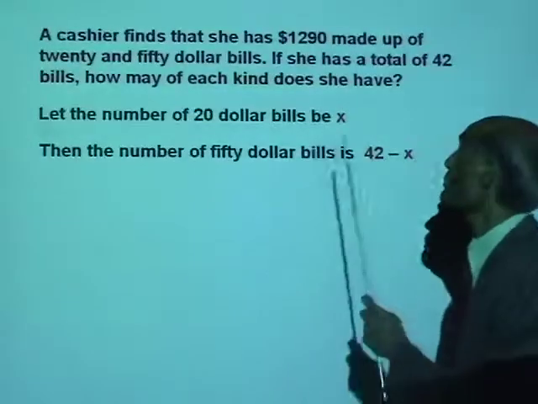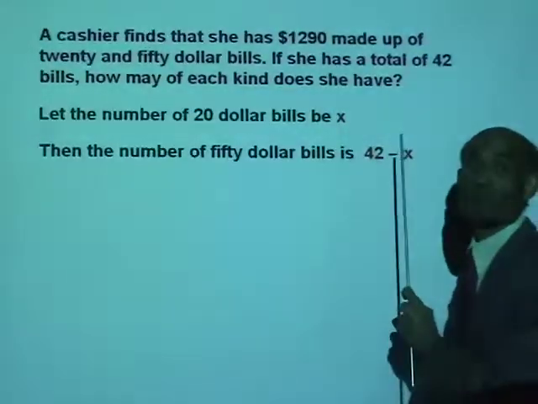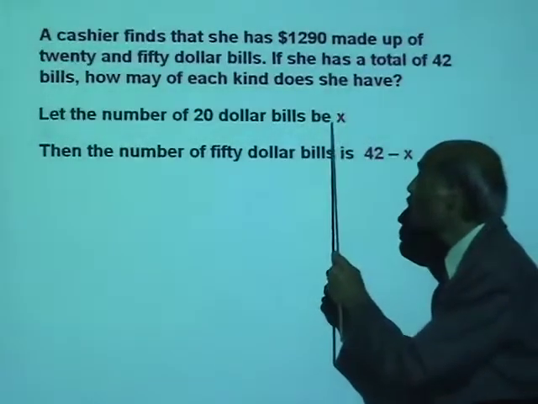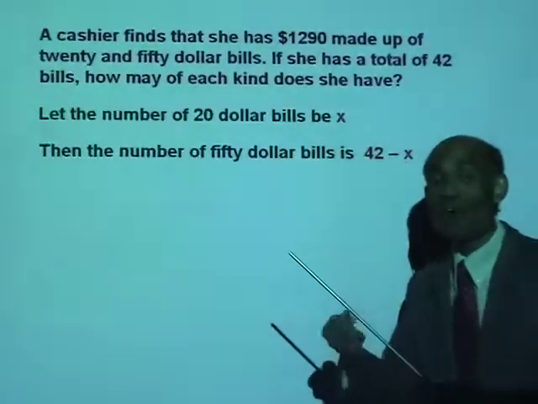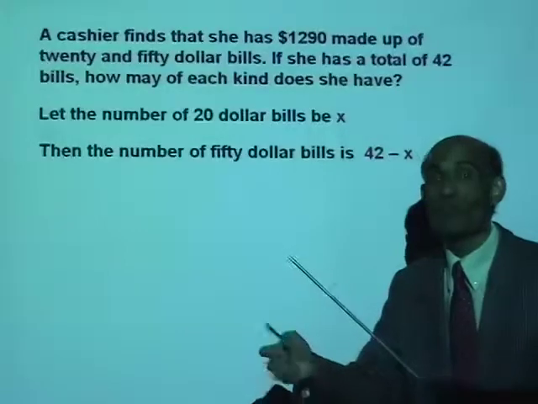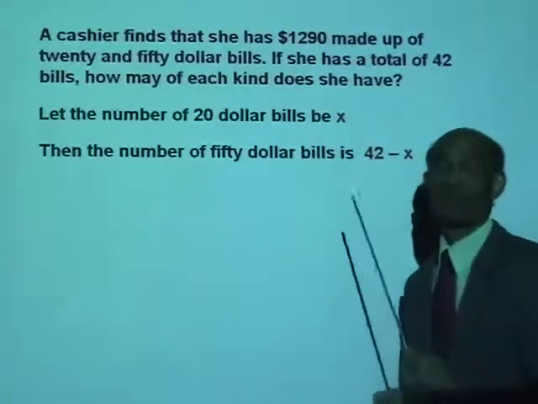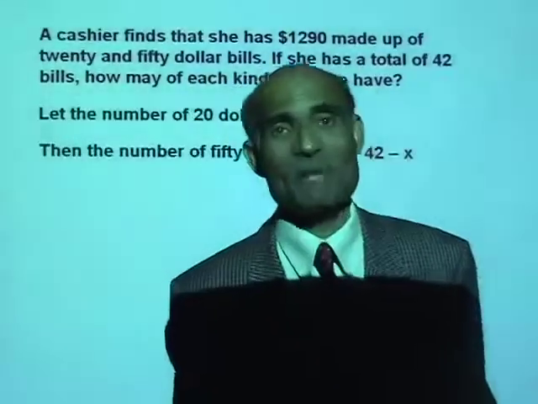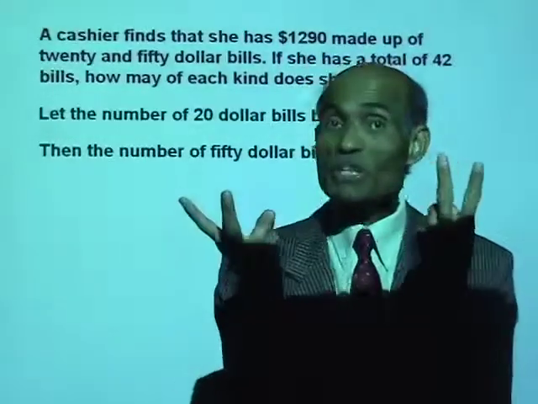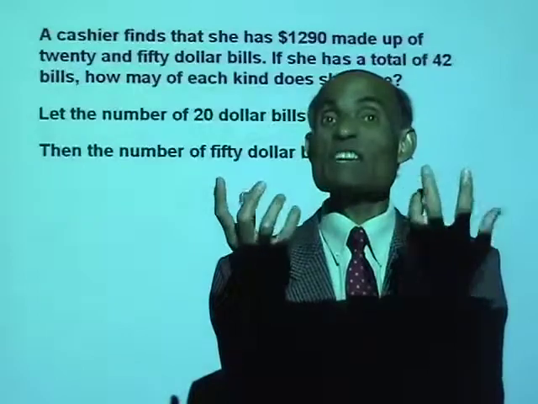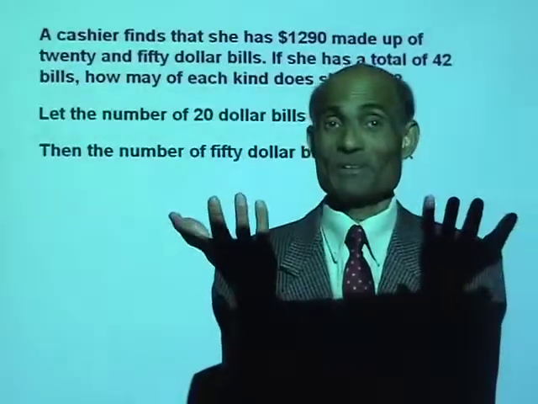Total number of bills is 42. Out of that, x are $20 bills. And therefore, how many $50 bills are there? 42 minus x. Alright, now tell me, if I have two $20 bills, what is the total value?